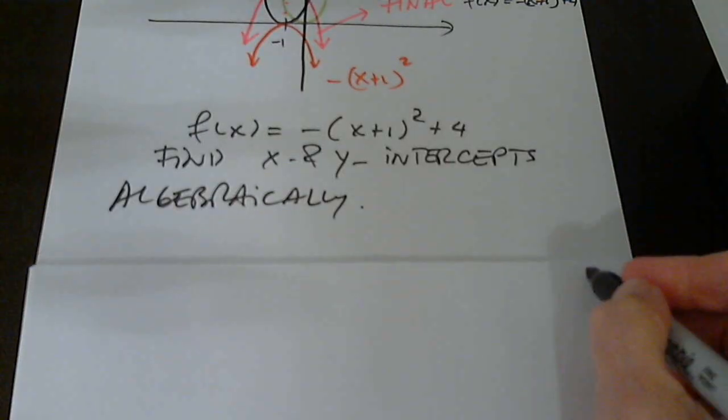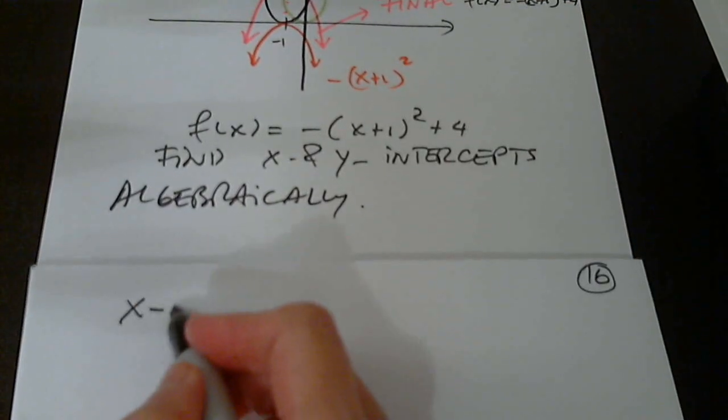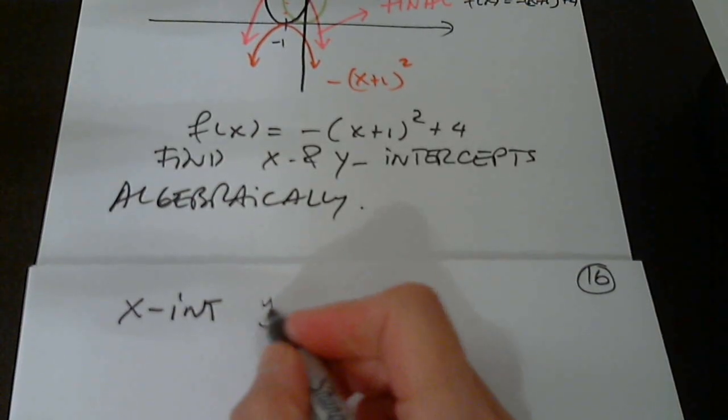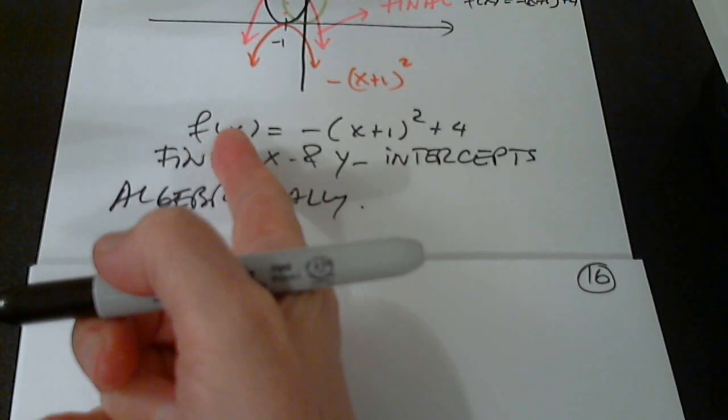So, x-intercept. How do I find it? Like for any function, like for linear or any other function. I set y equal to 0. This is y.